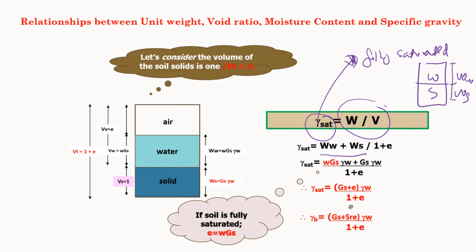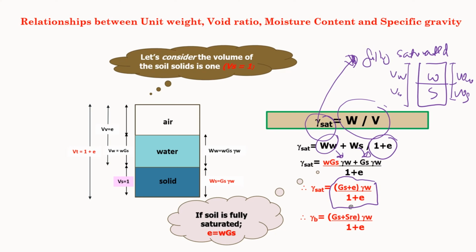For total volume, you have volume of water plus volume of solid, and we know that total volume is equal to 1 plus e. We already know the equation for weight of water and the equation for weight of solid, so we simplify it with very simple mathematics and we have these equations.